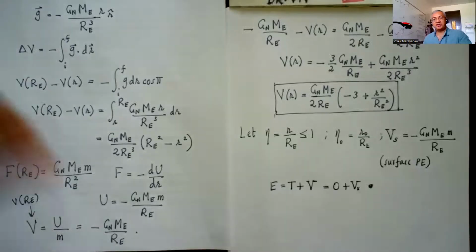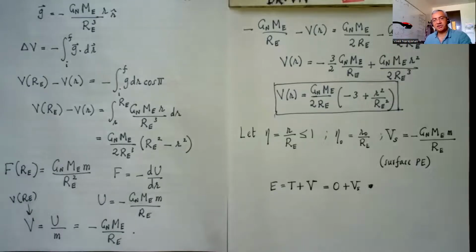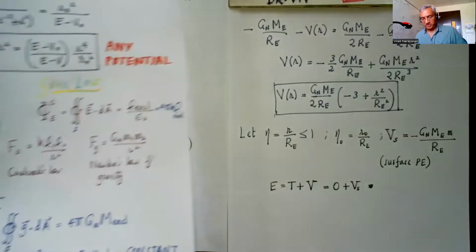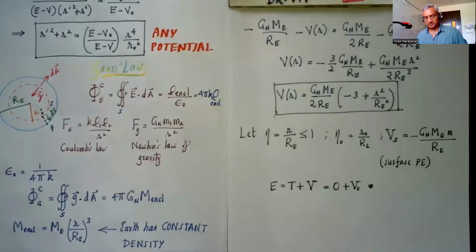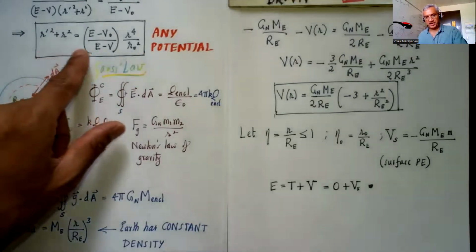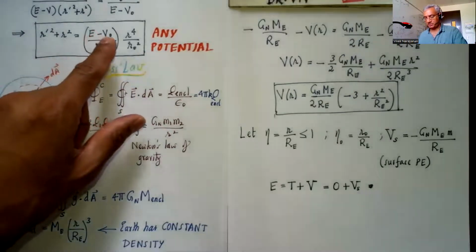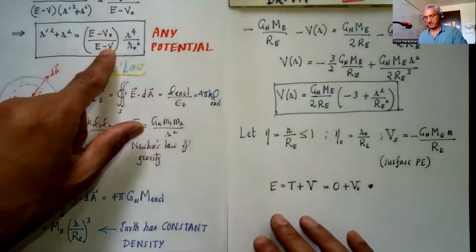So this enables us to find the potential at any given point on the surface in terms of the other quantities. So if you look at this expression here, we need to find out what E minus V naught is and what E minus V is.